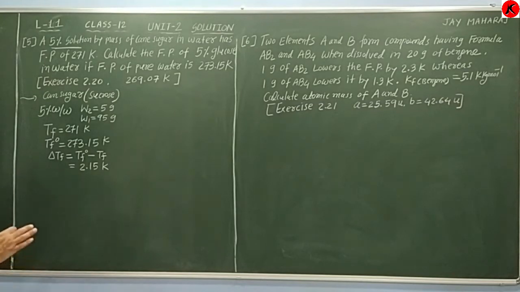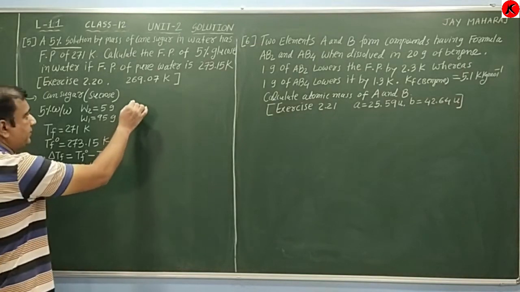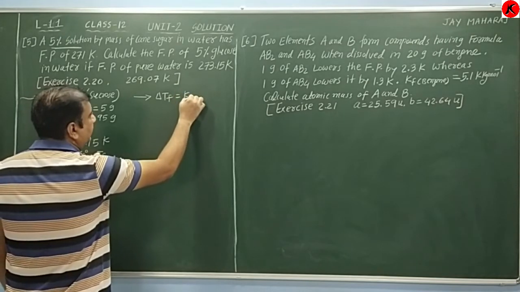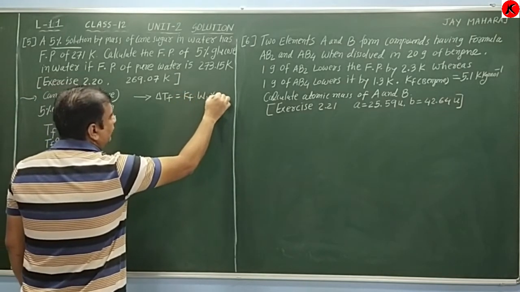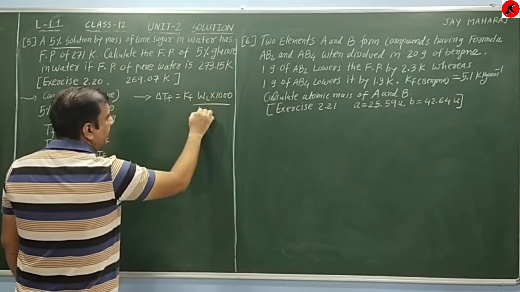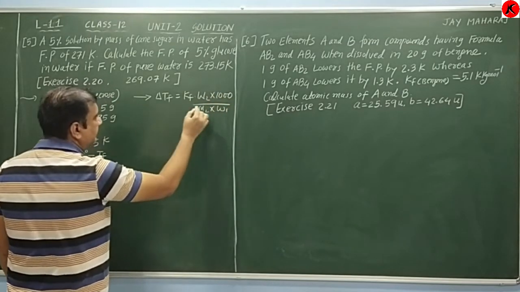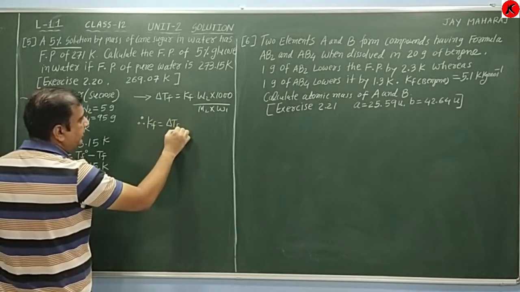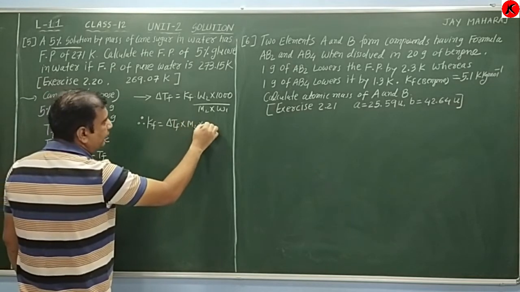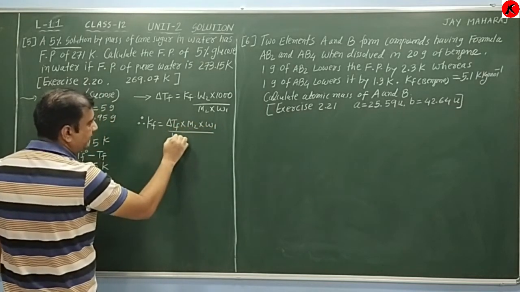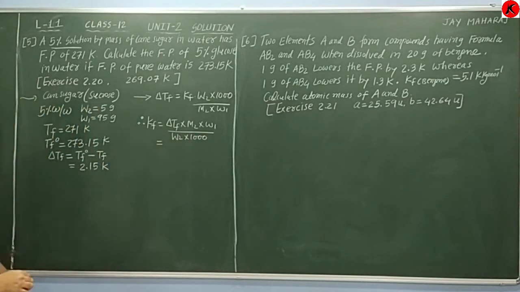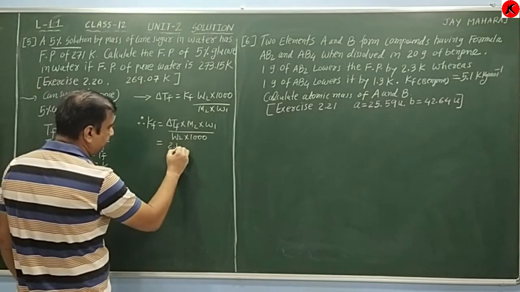Now here value of Kf is not given. So step number 1 is we have to calculate the Kf. That means using this formula, delta Tf equal to Kf into W2 into 1000 divided by M2 into W1. So therefore Kf equal to delta Tf into M2 into W1 divided by W2 into 1000. Now delta Tf is 2.15.